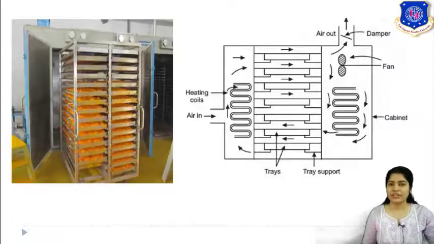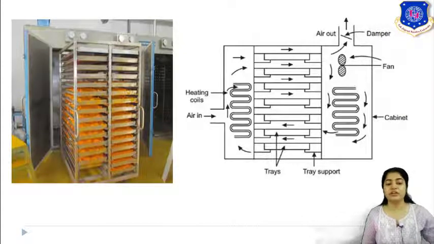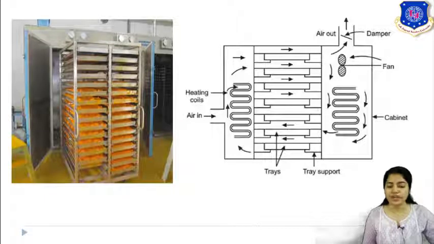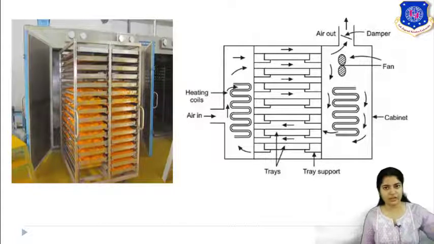Here you can see the image of your tray dryer. About the working, you can see a heating coil is kept. When air is passed through the heating coils, it gets heated up. This hot gas comes in contact with your trays which have wet feed in them, and because of that transfer of water occurs.